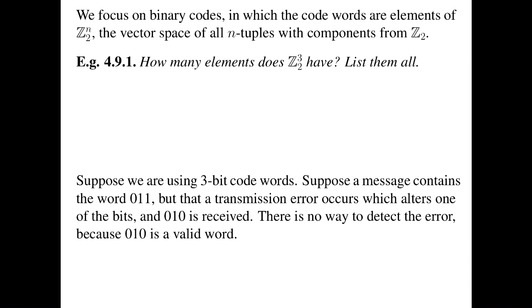So let's think about Z2^3, just to be concrete. So first question is, how many elements does Z2^3 have? And we should list them all, and it would make more sense to ask that backwards, right? Because after we've listed them all, we know how many we have. We don't need to know how many we have before we list them all. But, all right, how many are there?